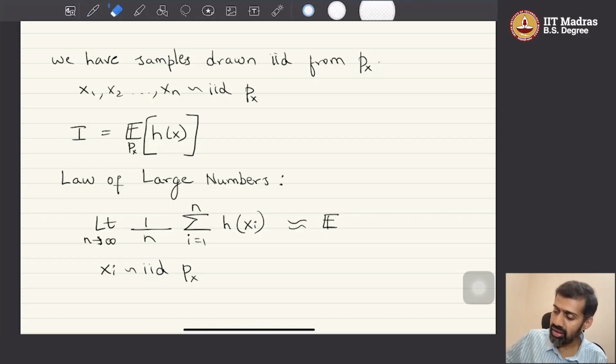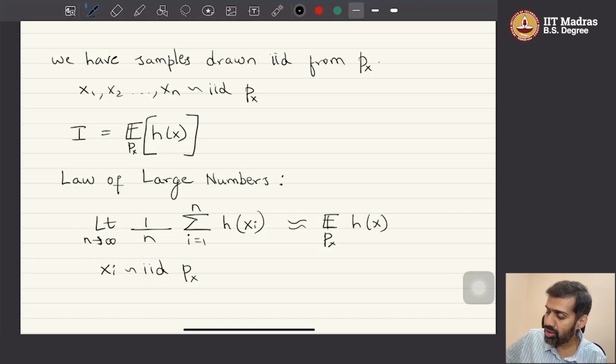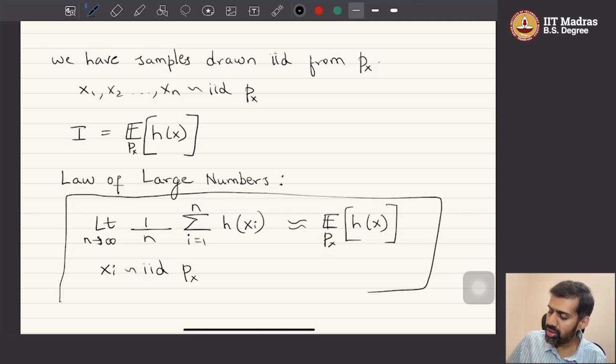Under the limit this becomes an equality, but if n is not sufficiently large, it is an approximation to the expectation of the function h(x), right?